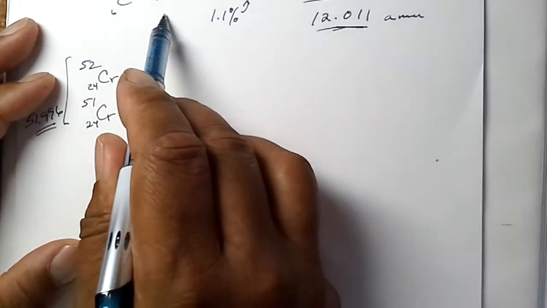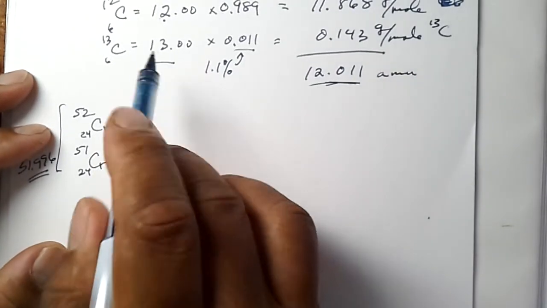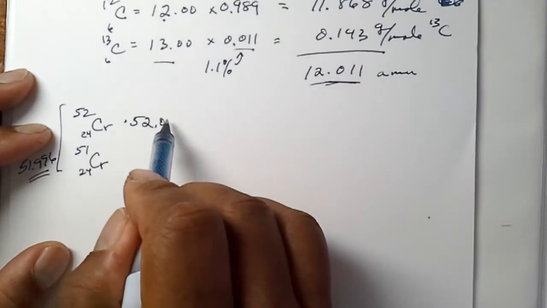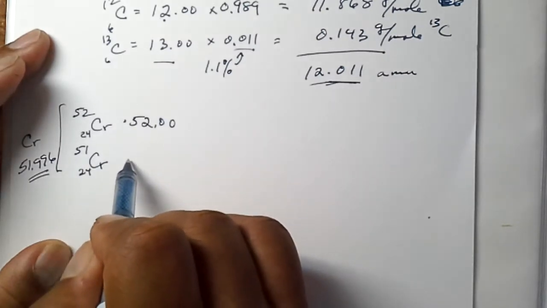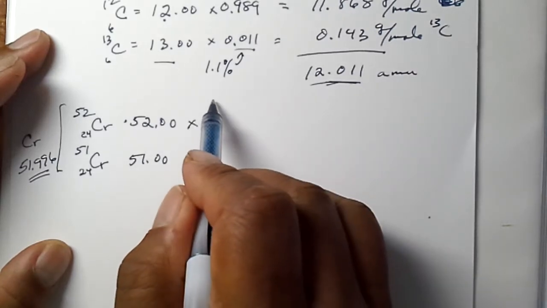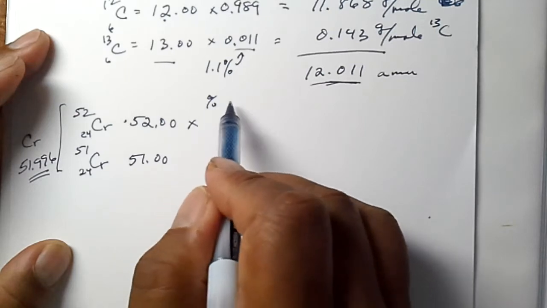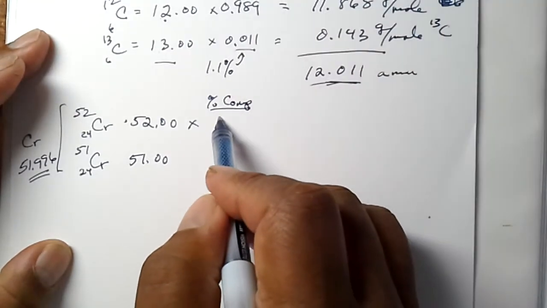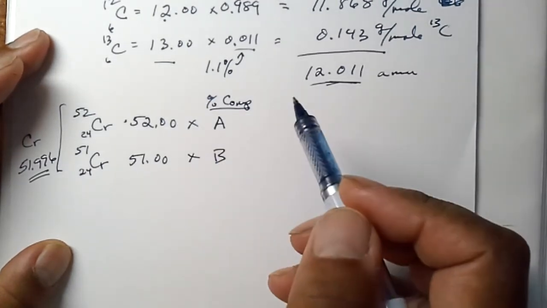So much like what we did with carbon here, we want to take our atomic mass for chromium 52 and our atomic mass for chromium 51. We want to multiply it by its elemental proportion or percent composition here. But we don't know what that is for 52, and we don't know what it is for 51.